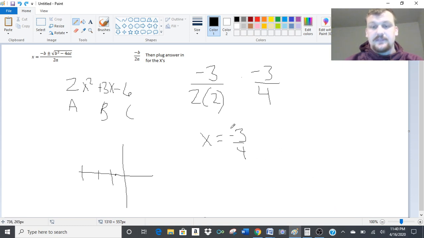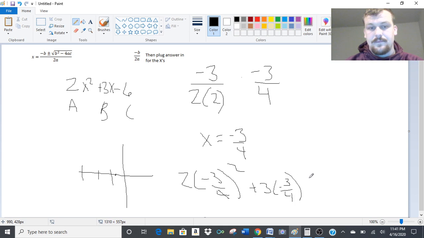So anyway, now we have to plug this into the x's. This is what it would look like: 2 times negative 3 over 4 squared plus 3 times negative 3 over 4 minus 6.